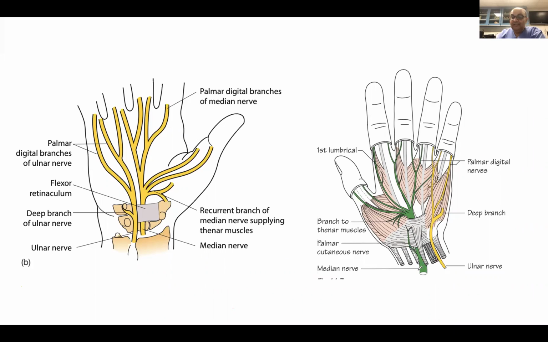Under this, I have the median nerve. When it comes here, its motor supply is very minimal, but it has more sensory supply, because its motor part is only this much. It only supplies the thenar eminence muscles. That is its motor contribution, and these are all sensory, going to my digits.